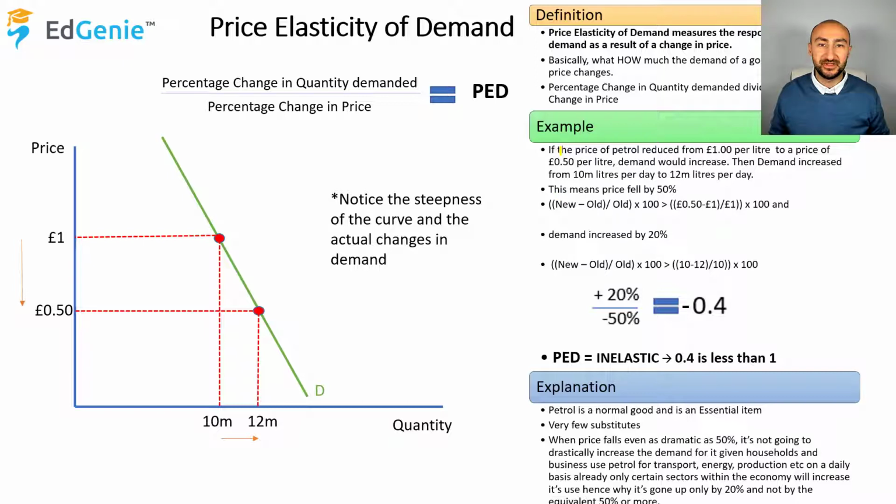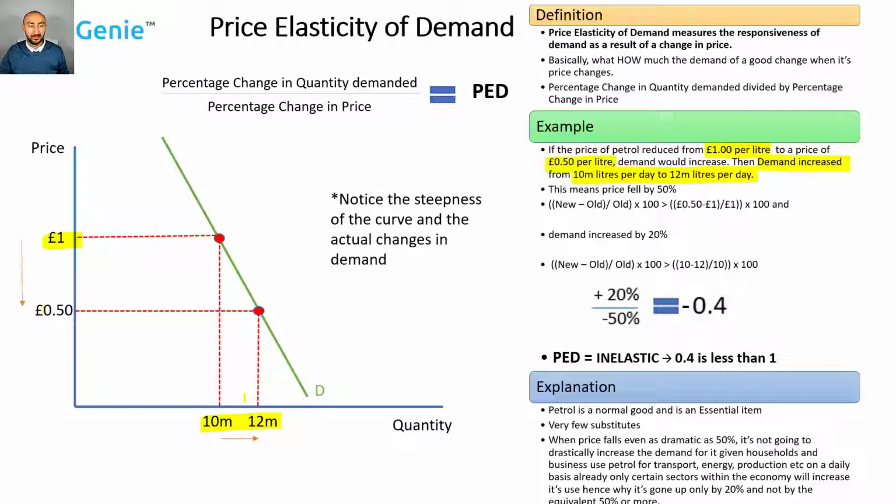The best way to do this is to go through an example. If the price of petrol reduced from £1 per litre down to 0.5 pounds per litre, so 50p per litre, demand would then increase, and we can see this on the diagram where we've gone from 10 million to 12 million as a result of the price decrease from £1 down to 50p.